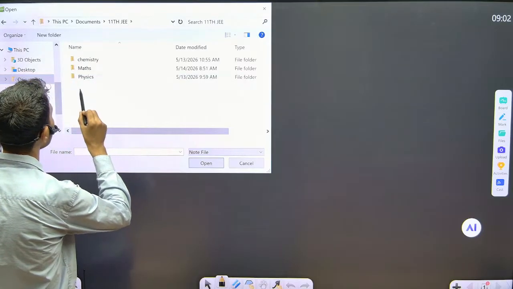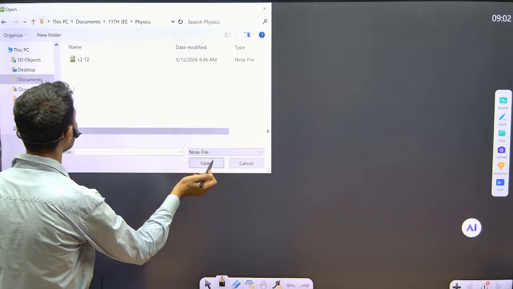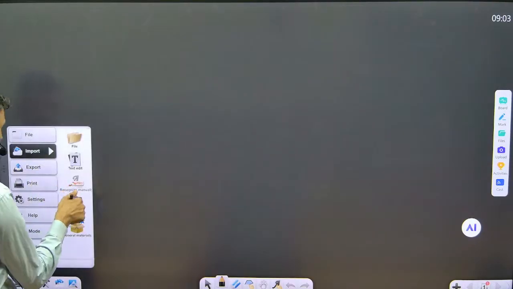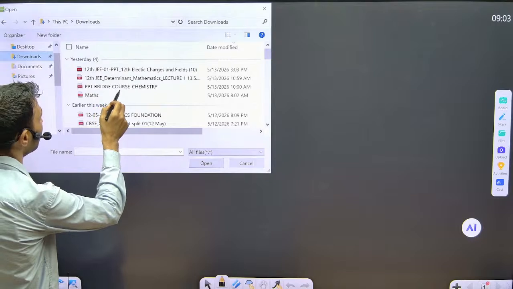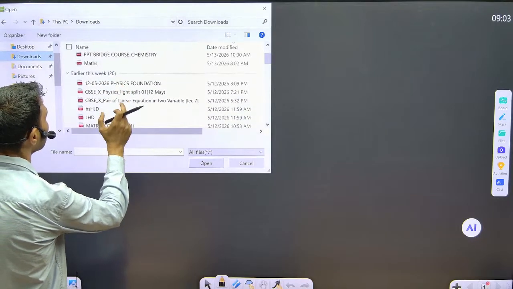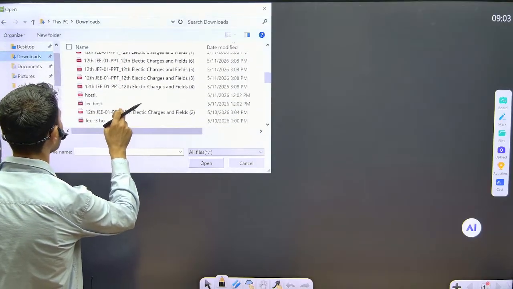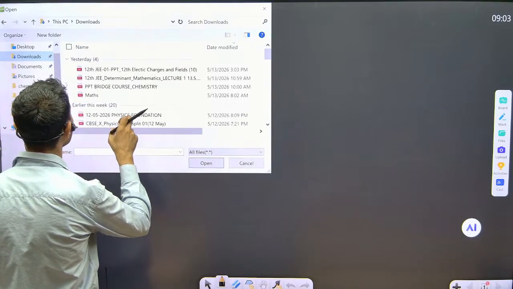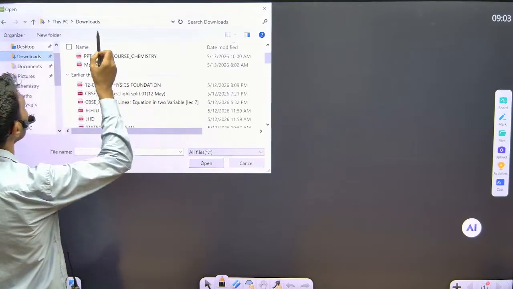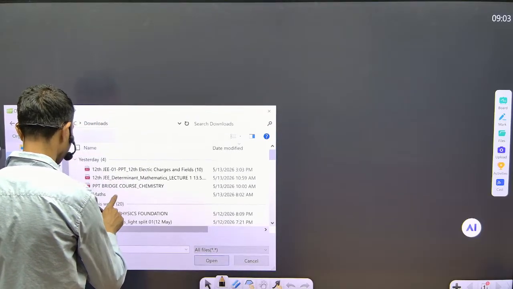11th G, physics, C212. Okay, import, while download. 11th is not this. Nice. Okay, 11.